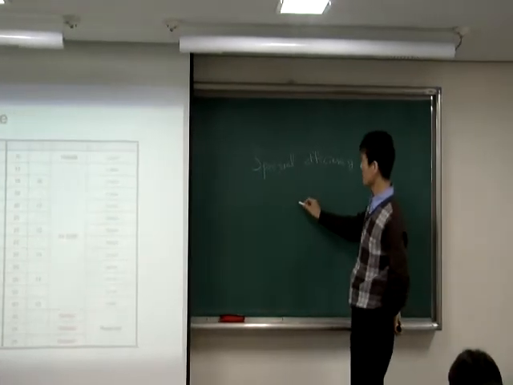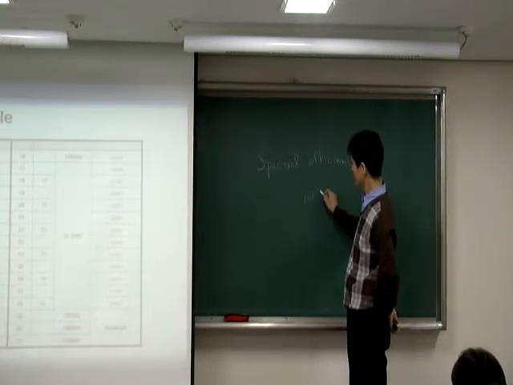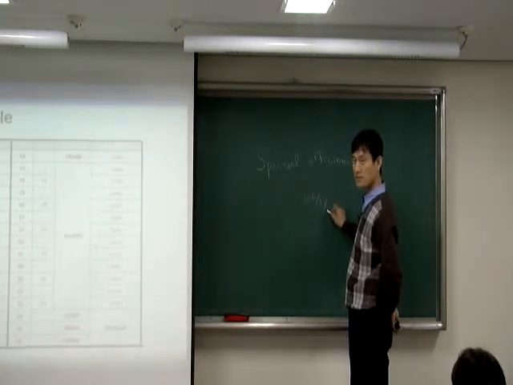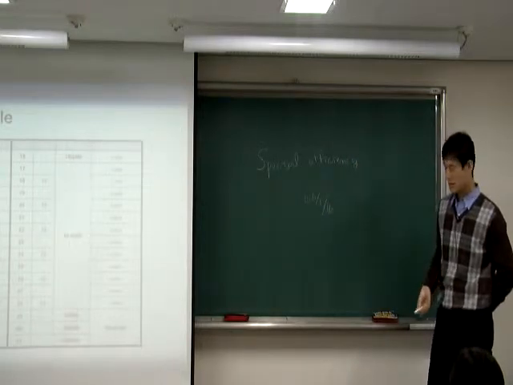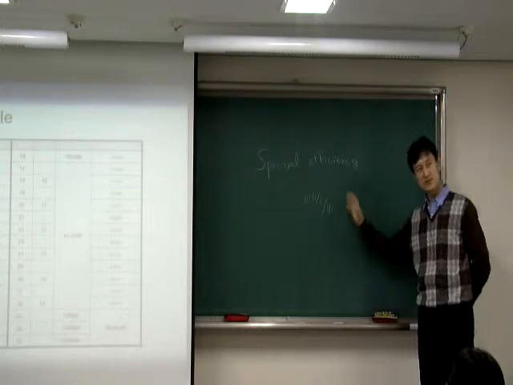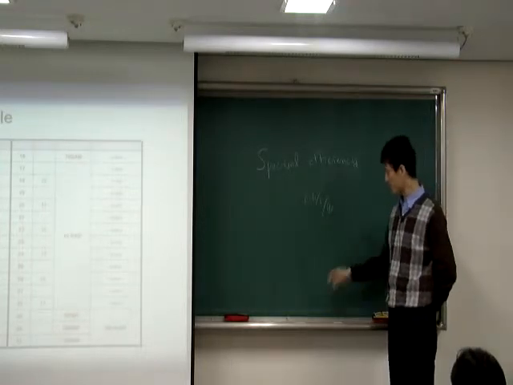What was the unit of capacity? Bits per second per hertz, right? BPS per hertz. Spectral efficiency has the same unit, which means that it somehow has the same concept as capacity. So let's think about spectral efficiency.